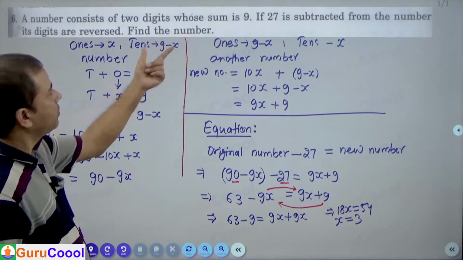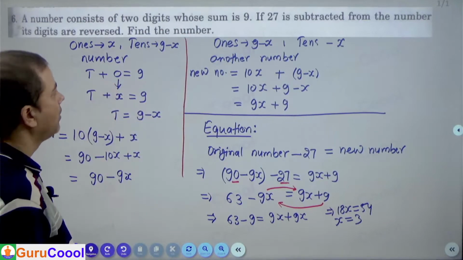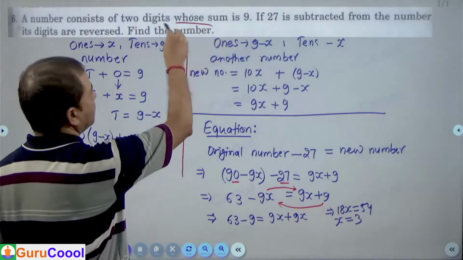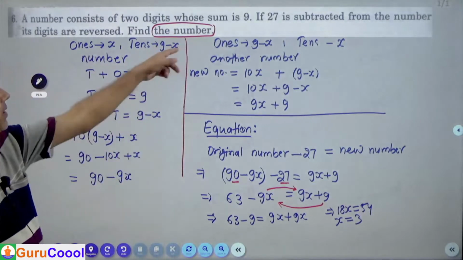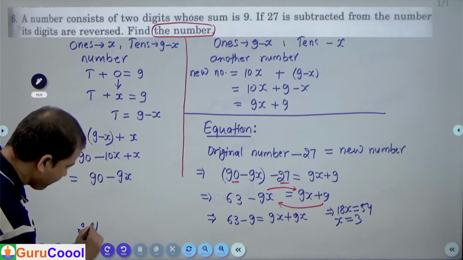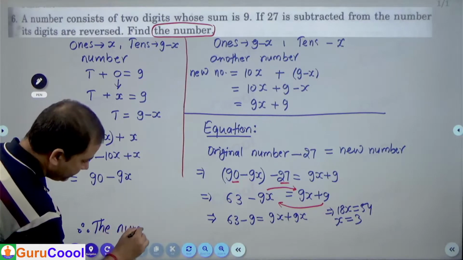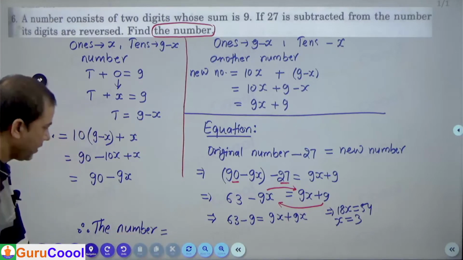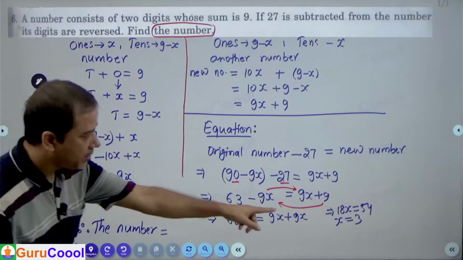The number means which number? New number or original number? The number means which one? Sir, the original number. So, therefore, the number. How will you find the number? Here is the original number 90 minus 9x, where x means 3.